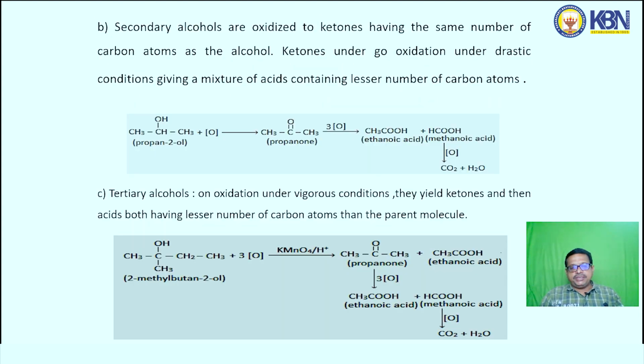The next one is when secondary alcohols are oxidized to ketones having the same number of carbon atoms as the alcohol. Ketones undergo oxidation under drastic conditions, giving a mixture of acids containing lesser number of carbon atoms.